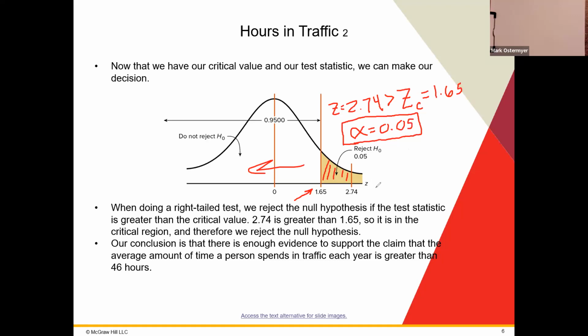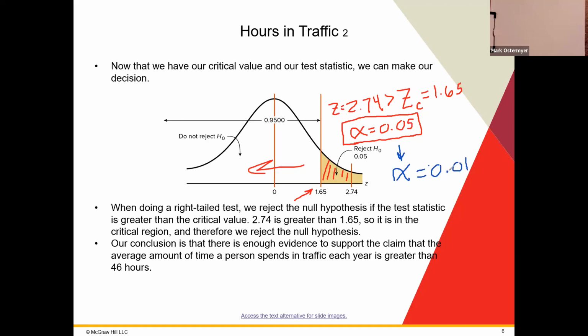For instance, if I lowered my level of significance from 5% down to 1%, question, ladies and gentlemen, what's that going to do to the size of my rejection region? Is it going to make the rejection region larger in size or smaller? If I reduce alpha, my level of significance from 5% down to 1%. What do you think it's going to do to the size of my rejection region?